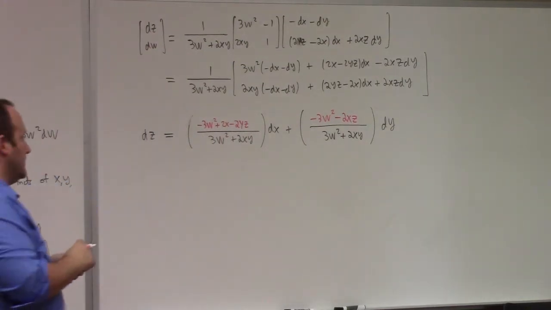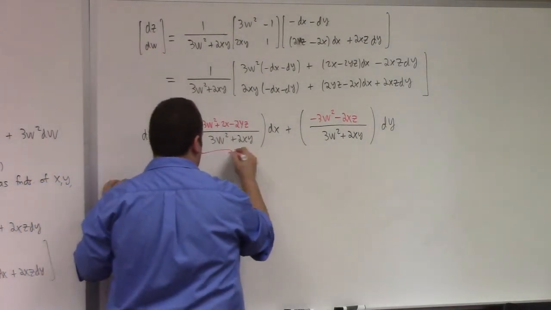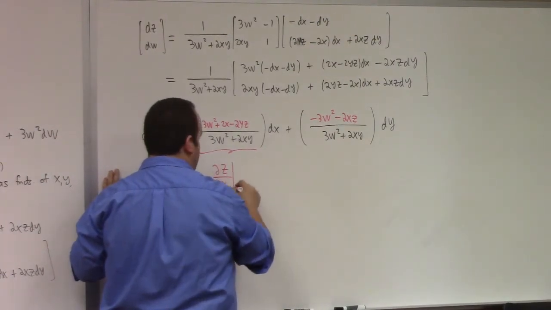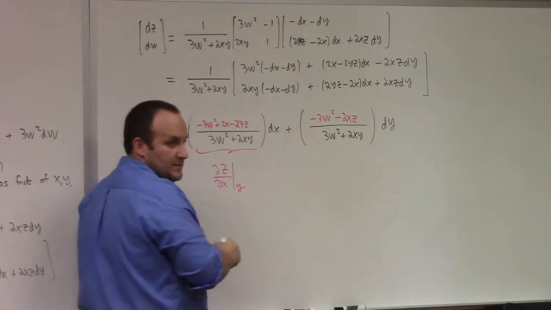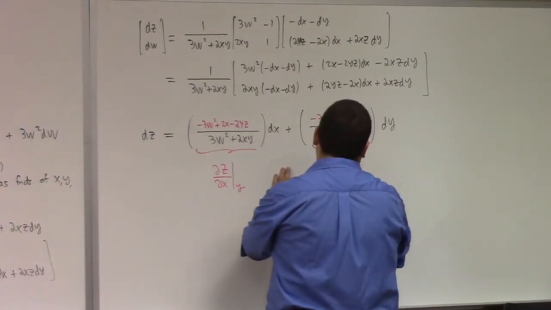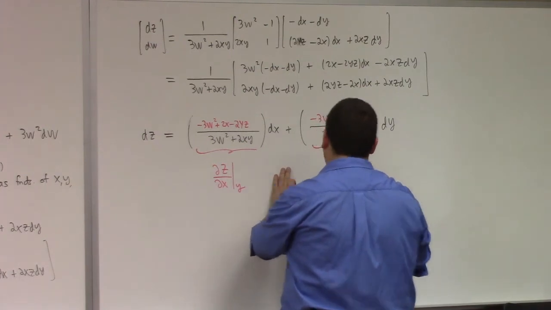The meaning of these coefficients: this is partial z, partial x, holding y fixed. This has the meaning partial z, partial y, holding x fixed.